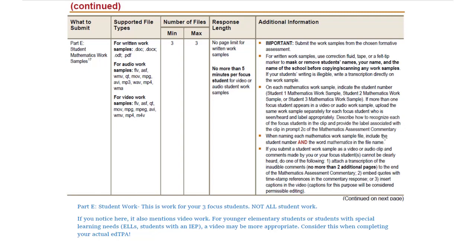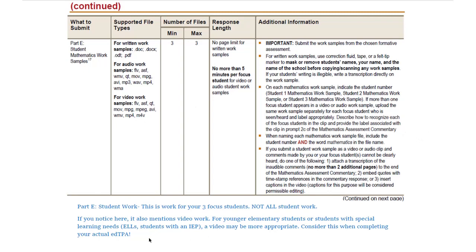If you have younger students or students with specific learning needs, you do need to describe what that student would look like in the video or on the audio. You have to name each work sample and submit the word mathematics in the file name. So again, very specific criteria for how you're submitting it and what the labels will be. So be sure to reread that additional information part in this chart very carefully.